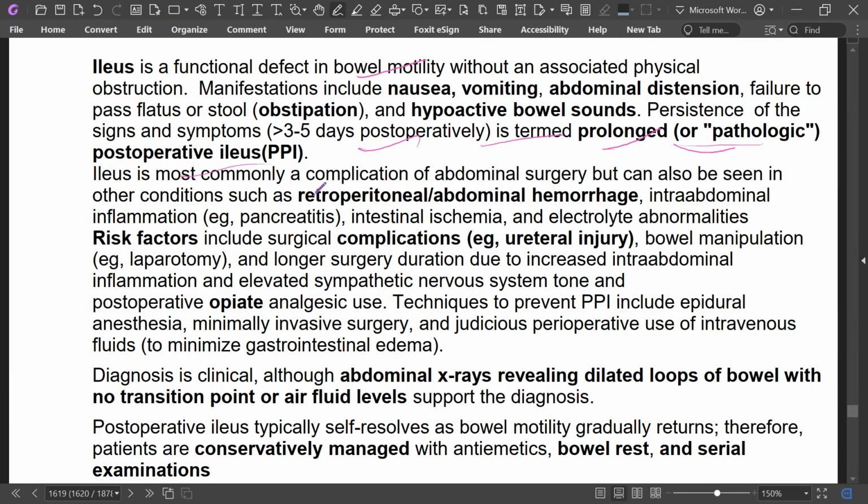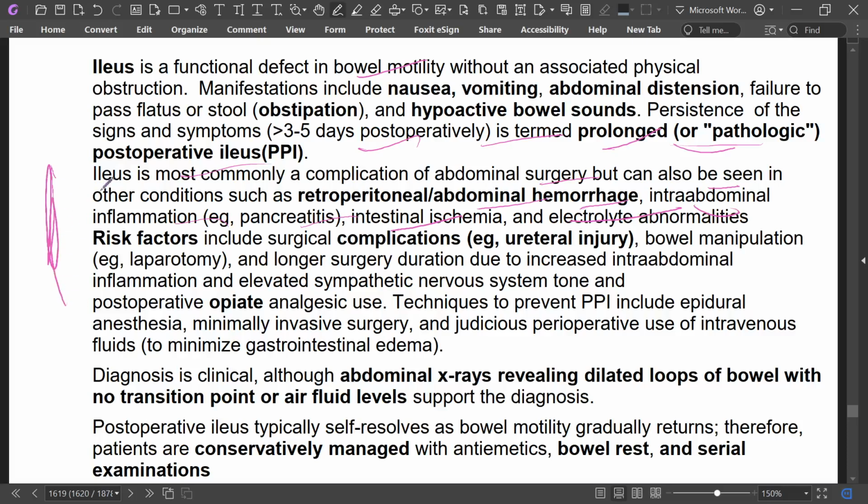Ileus is the most common complication of abdominal surgery but can be seen in other conditions like retroperitoneal or abdominal hemorrhage. Ileus may be seen in intra-abdominal inflammation like pancreatitis, intestinal ischemia, and electrolyte imbalance.